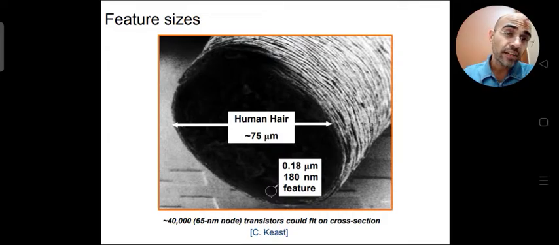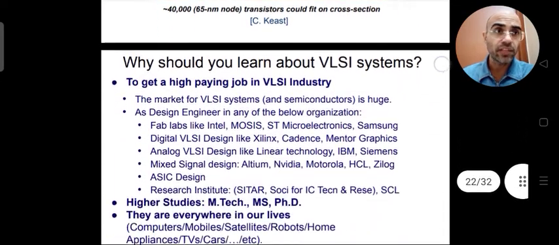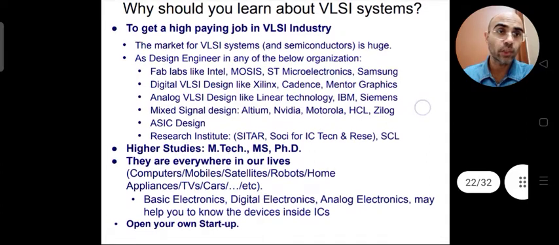This diagram is just shown so you can compare how much smaller 180 nanometer looks compared to your human hair. So you can see at what small level we are working and talking.